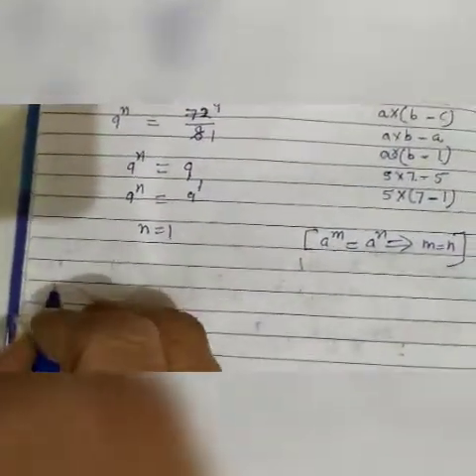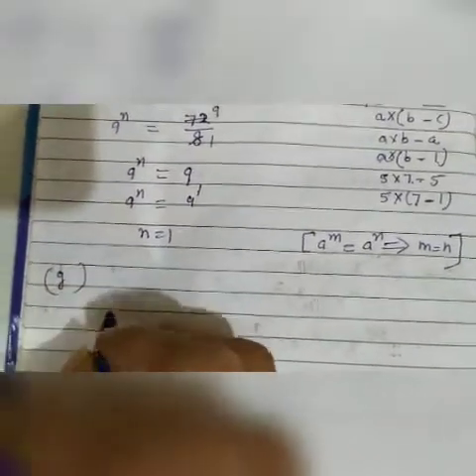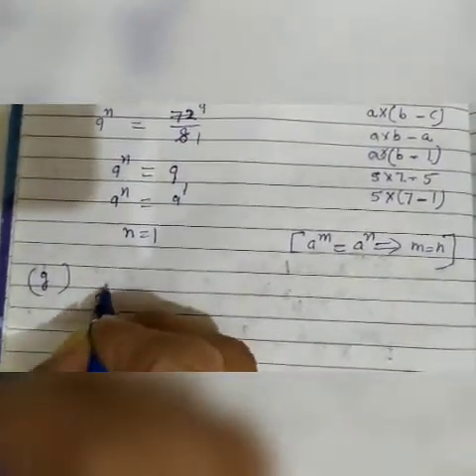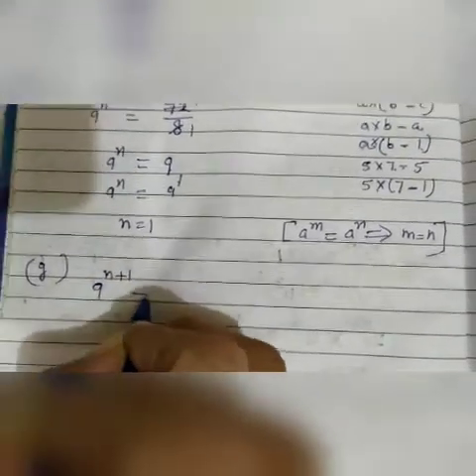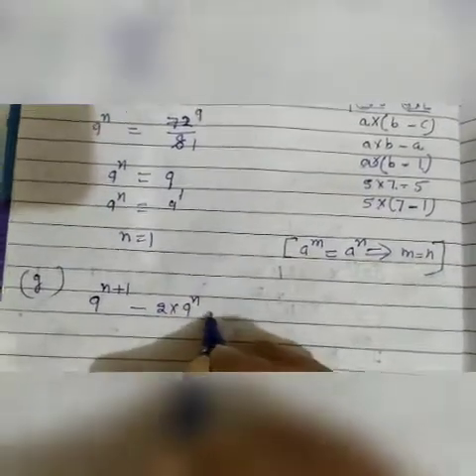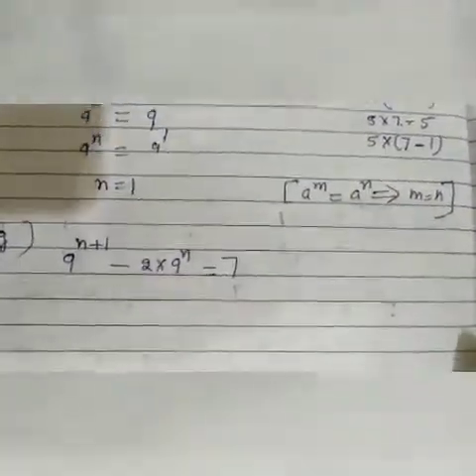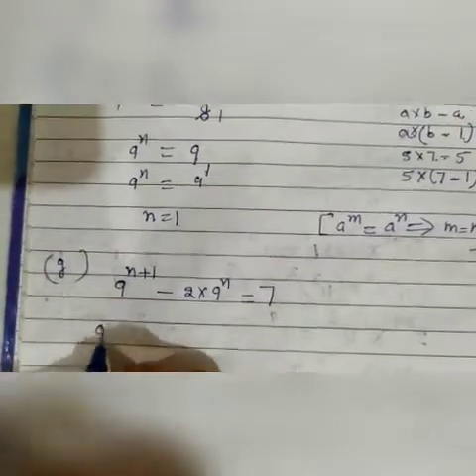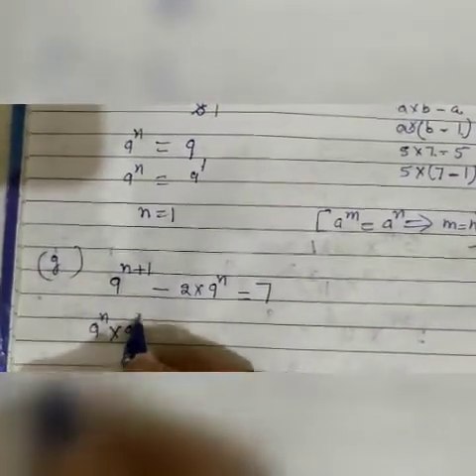Next question, G part. Again the same type of question: 9 power n plus 1 minus 2 multiply 9 power n is equal to 7. Same type of question. See, again we can write it as 9 power n into 9 power 1.